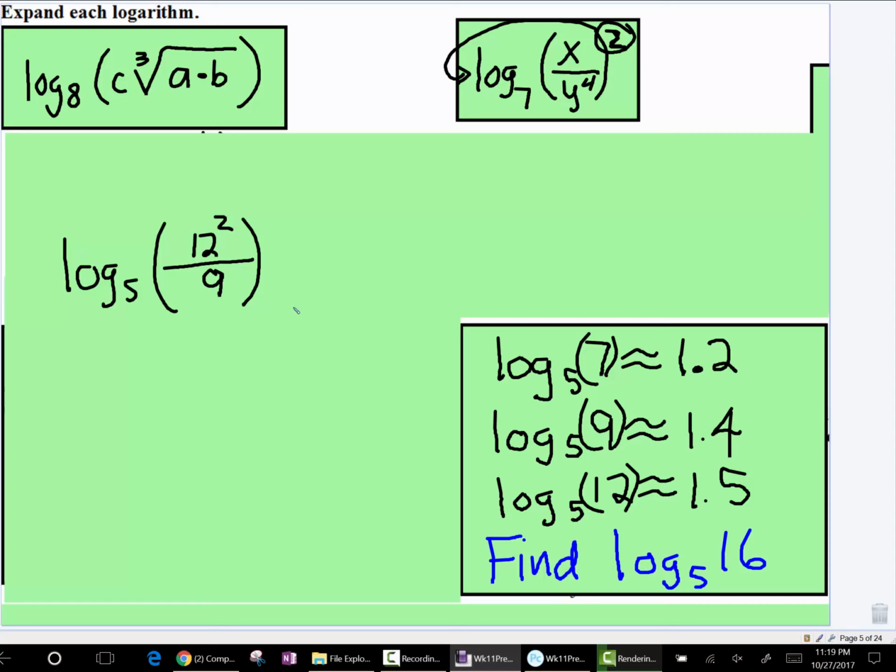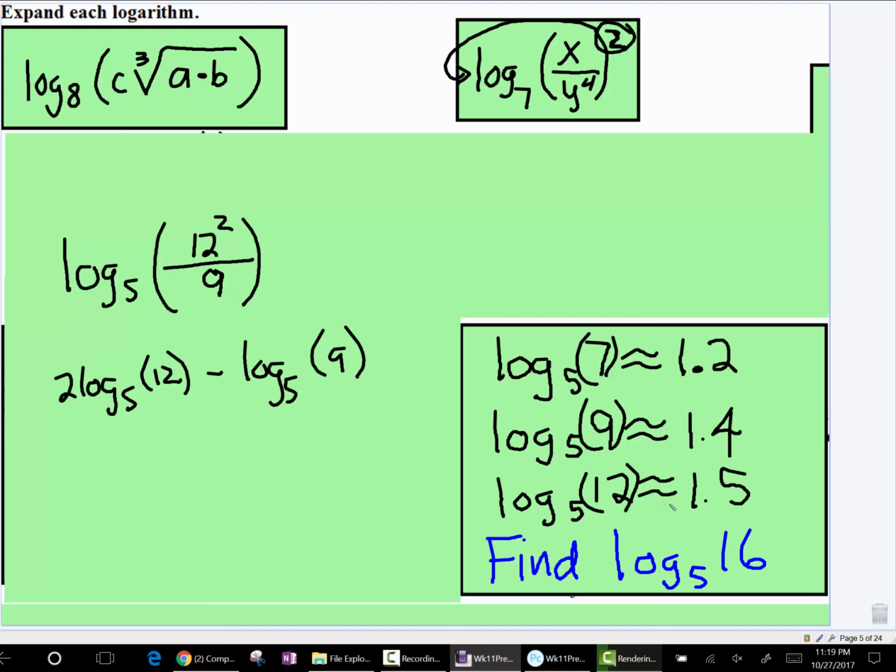I want to make sure that's correct. So 12 squared divided by 9, yep, is 16. So now we can go ahead and expand this. We would have 2 times the log base 5 of 12, subtract log base 5 of 9.